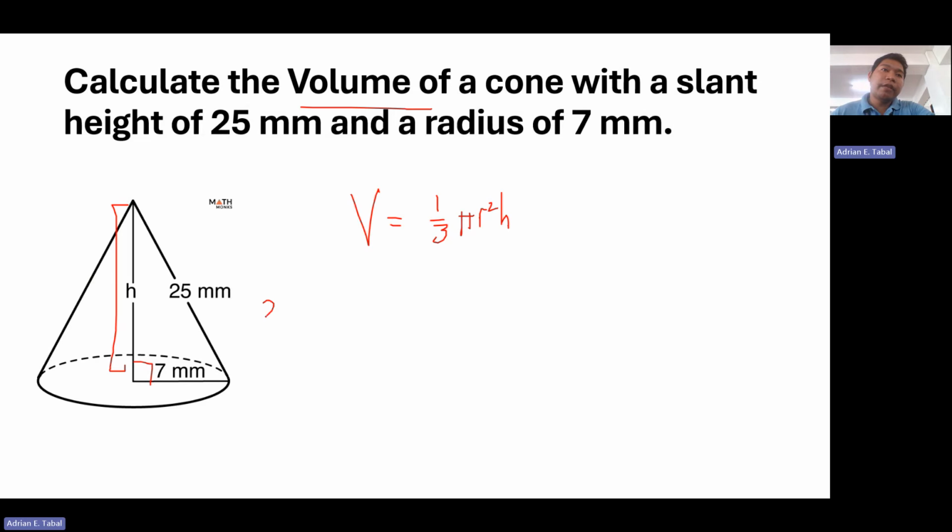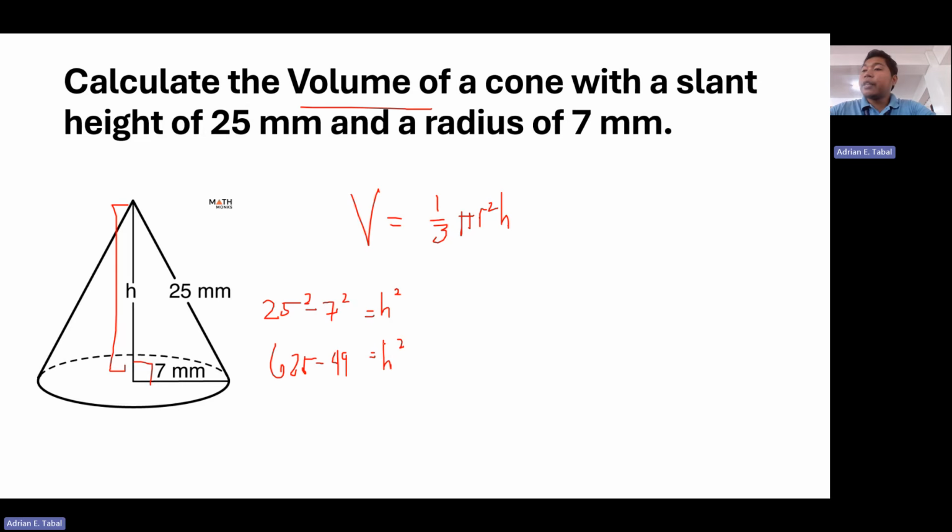So that's 25 squared minus 7 squared is equivalent to h squared. The 25 squared is equivalent to 625 minus 49 equals h squared.